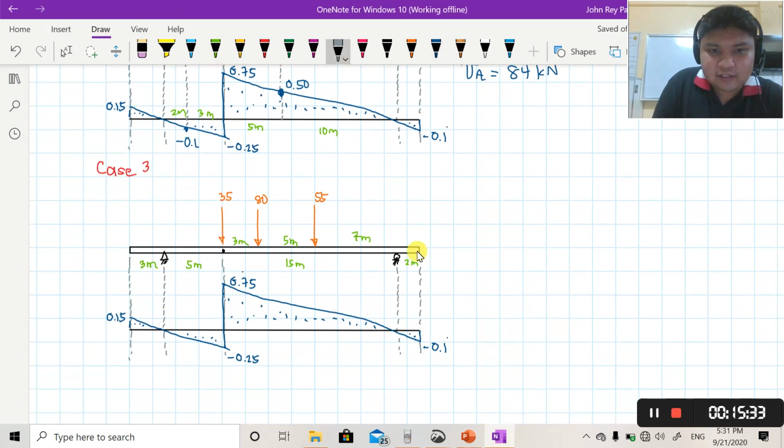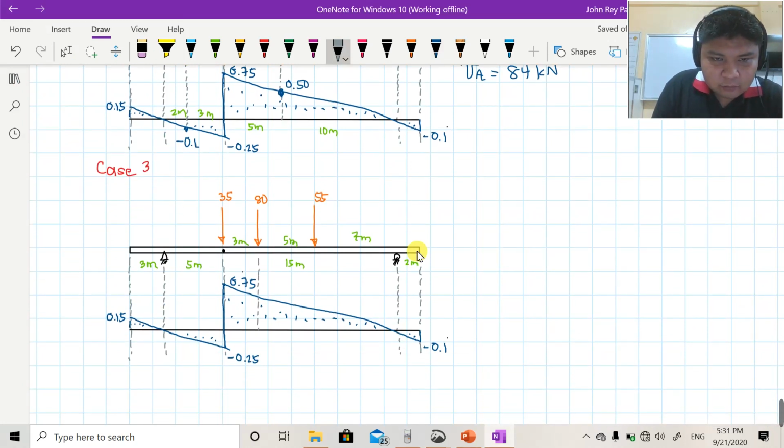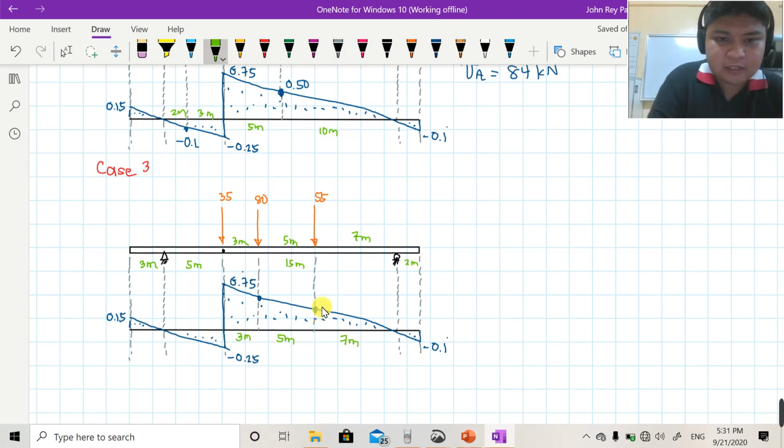Lastly, for the case 3, siguro, ratio and proportion na rin lang naman to class. Ang gagawin ko na lang is, ilalagay ko na lang yung mga ordinates. So, kumbaga, from the distances na 3 meters, tapos 5 meters and 7 meters. So, yung nandito class, no, ito, hanapin natin yung ordinate niya.